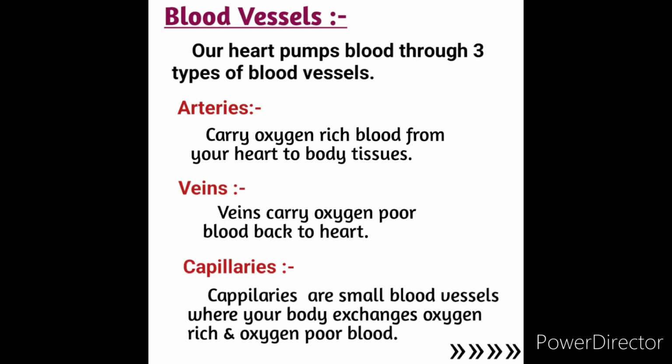Next, move on to the topic of blood vessels. Our heart pumps blood through three types of blood vessels, friends: arteries, veins and capillaries. Arteries carry oxygen-rich blood from the heart to body tissue, supplying oxygenated blood all over the body.